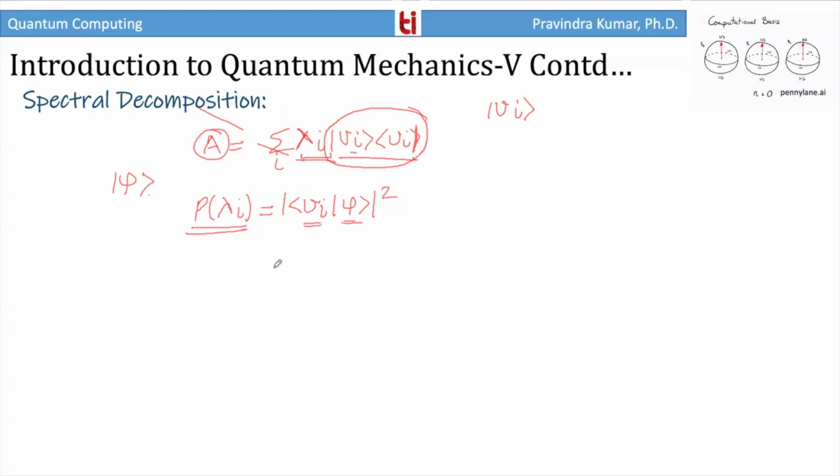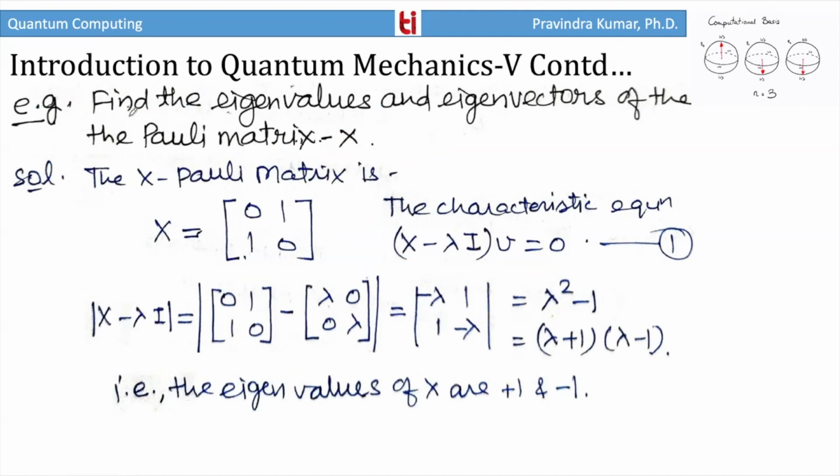And after the measurement, the state collapses to ket vi. If you repeat the measurement many times on identically prepared systems, the average value of A will be the sandwiched inner product of psi with A and psi, and this is equal to the sum of eigenvalues weighted with the probability of that eigenvalue.